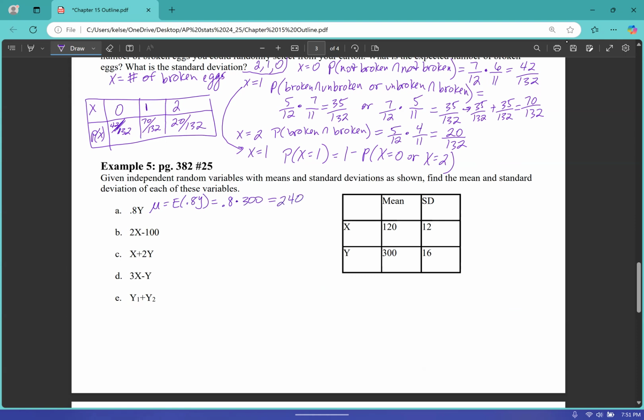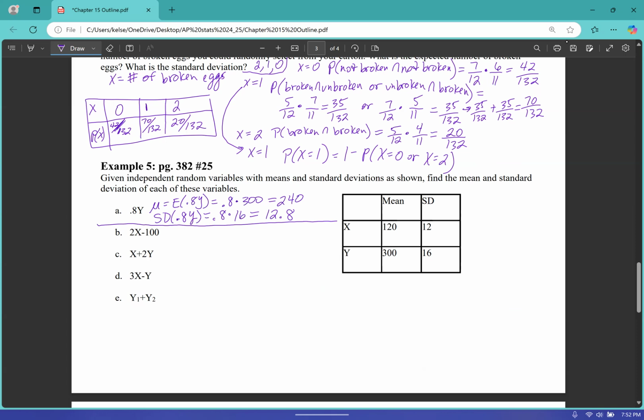And the standard deviation of 0.8y is 0.8 times the standard deviation of y, which is 16. So 0.8 times 16 gives you 12.8. So that one is nice and straightforward.